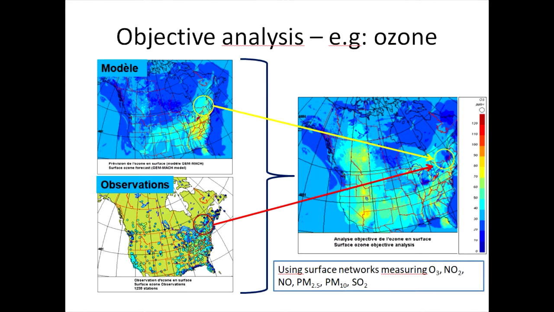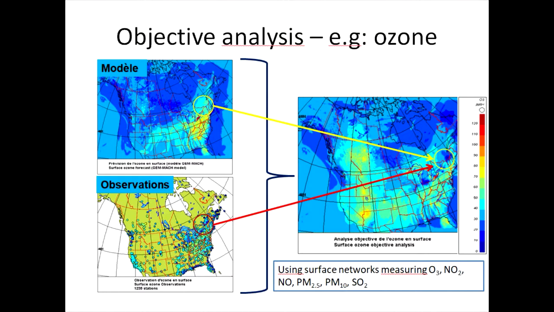And in this example, you can see that what we call the trial, the upper left estimate by the model, is corrected by the observations, because on the right you can see that the algorithm reduced the amount of ozone in southern Quebec in this example, and increased it in Alberta.